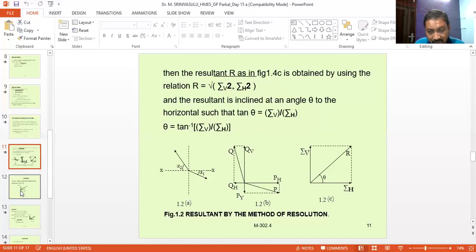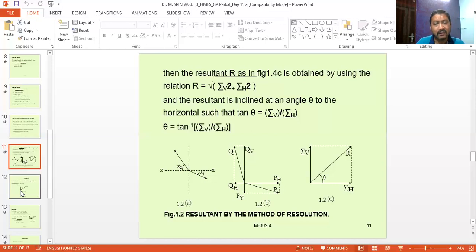And in the fourth case, if sigma h is positive and sigma v is negative, that is positive x and negative y, then the resultant will lie in the fourth quadrant, and the angle must be taken only from the x axis.